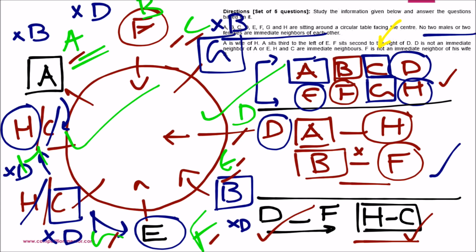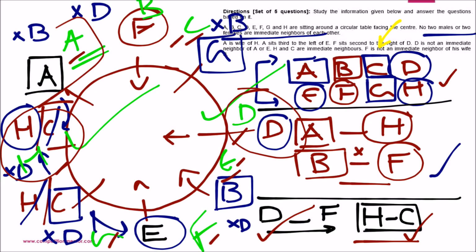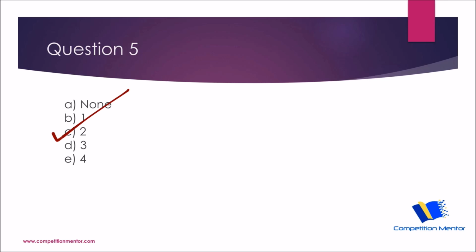You can see D and H are in their same position. A was already excluded in the question and clockwise was taken. So 2 of them remain in the same position. The answer should be option C, and hence this is the completion of the whole caselet.